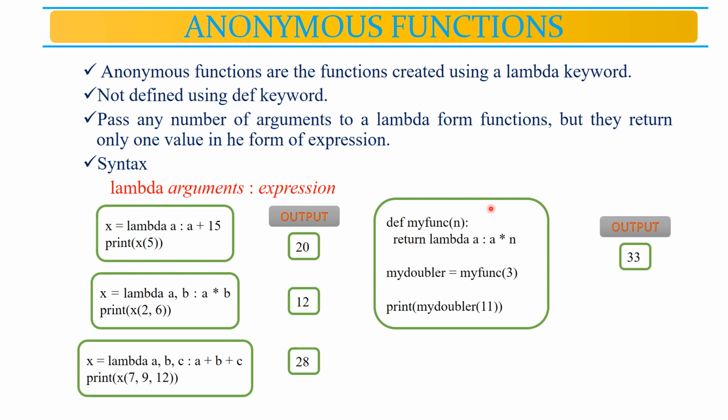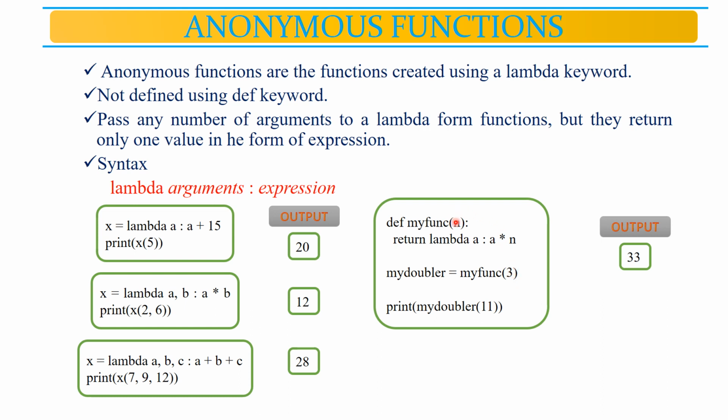In this example, I have declared a function name def myfunction of n. Here the value will be passed. Return, I am going to use lambda a colon a star n. Here I have used a function variable called mydoubler, which is equal to calling the function with 3.